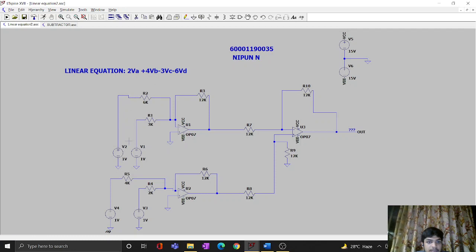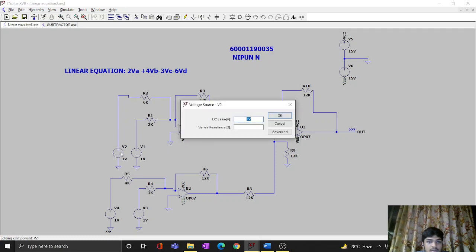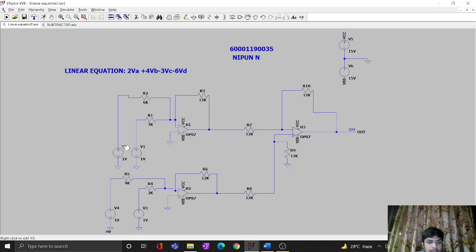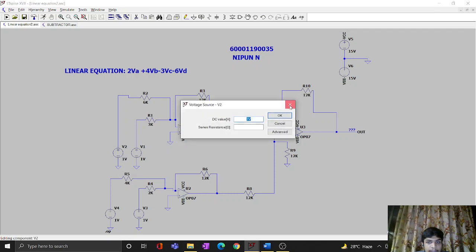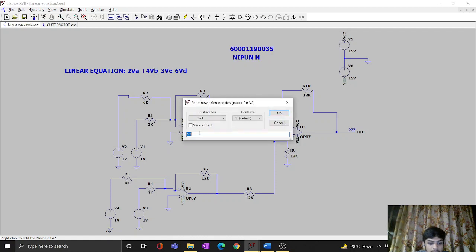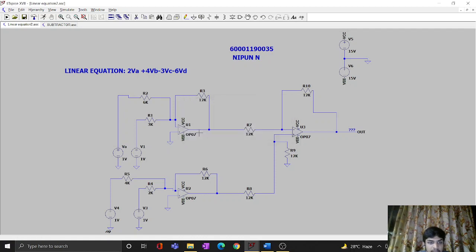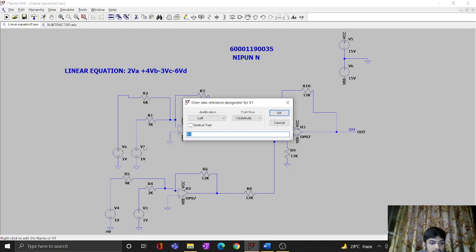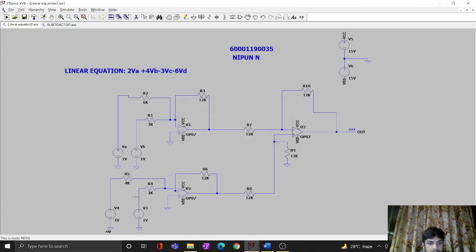VA and VB are these two; this would be VA, I would name it as VA. This would be VB. This voltage would be VC.